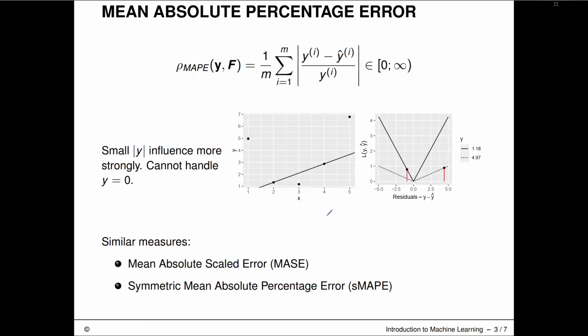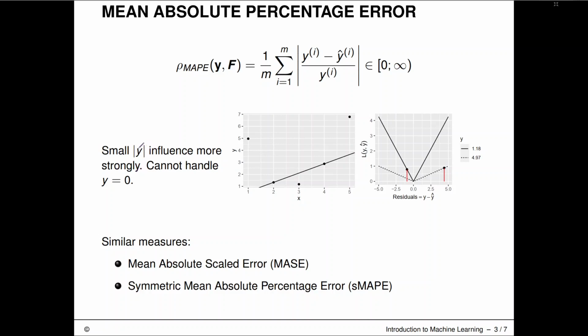This measure here you might not have seen before, so that's the MAPE, the mean absolute percentage error. This again computes the absolute value of the residual, but then sets this into relation to the true label y by dividing by y. So this simply computes the relative error of our prediction. And of course, this implies that smaller absolute values of y now influence the error measurement more strongly.